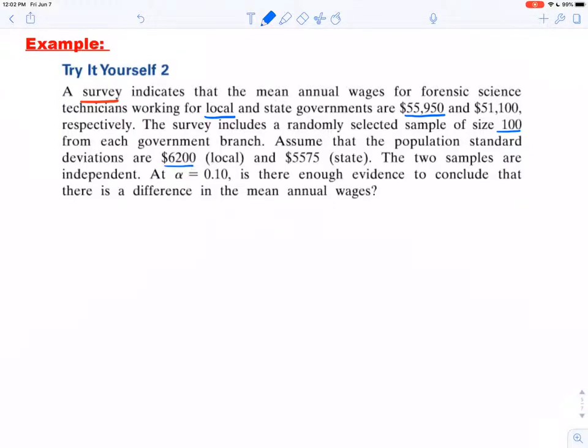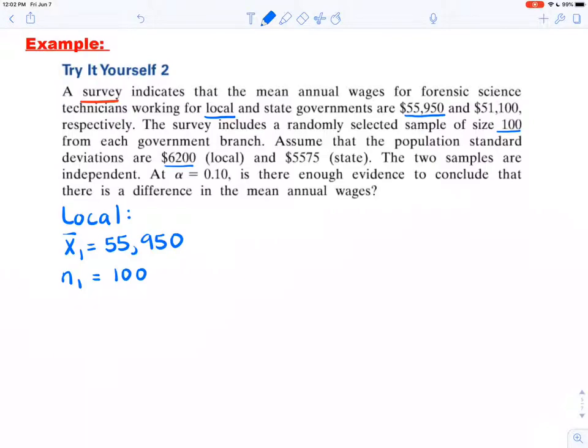Now, I'm going to go ahead and write down what I have on my group 1, which is the local. I'm just calling that group 1 because it comes first. It doesn't really matter. I've got a sample mean, so I'll call that X bar 1, of 55,950. I've got a sample size, which will be N1, of 100.